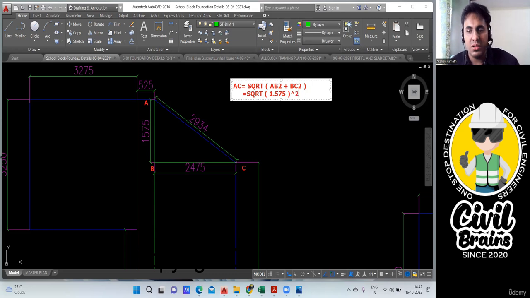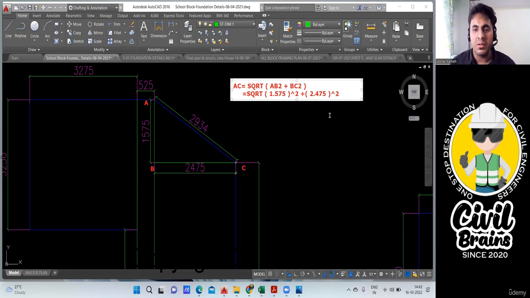Plus again 2.475 whole square. So try to do it manually and let me know how much answer you're getting. Under root of 1.575 whole square plus 2.475 whole square, I'm getting 2.933.